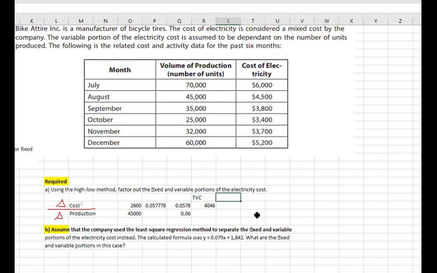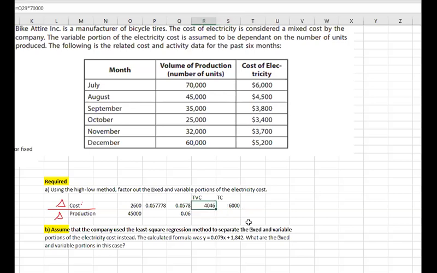My total cost when I have 70,000 units is 6,000. You can do either: take the highest total cost and units, or take the lowest units and the lowest cost. I am using the highest one, but the answer will come the same in both situations.